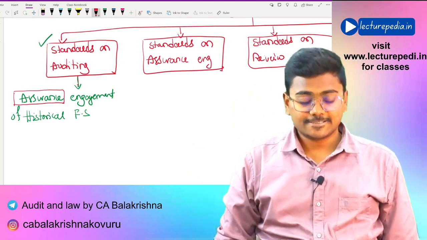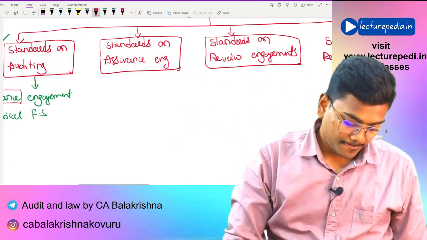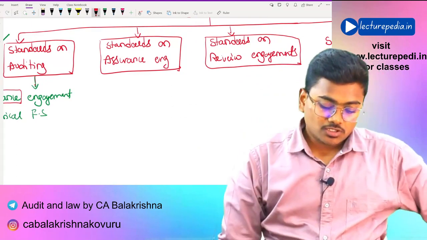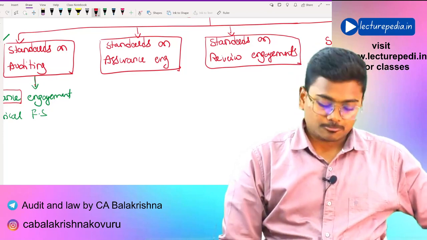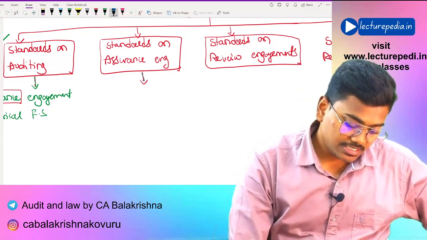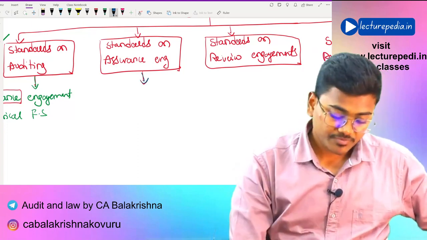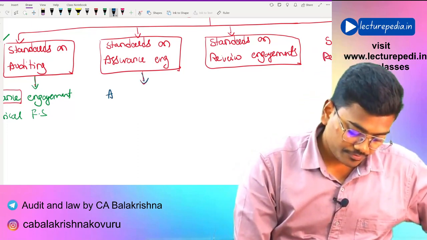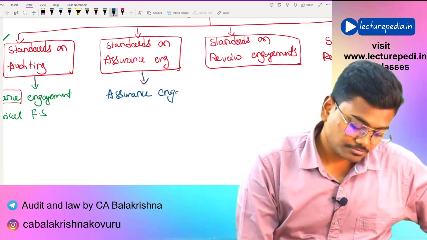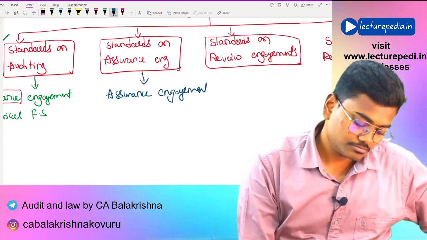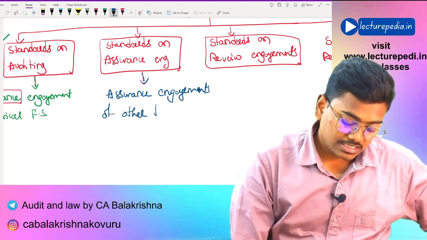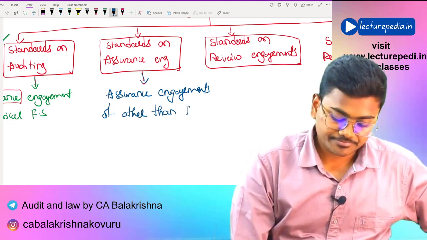Hope that is clear. Next, standards on assurance engagements. Basically, these standards have to be followed by the auditor while conducting assurance engagements other than on financial statements.